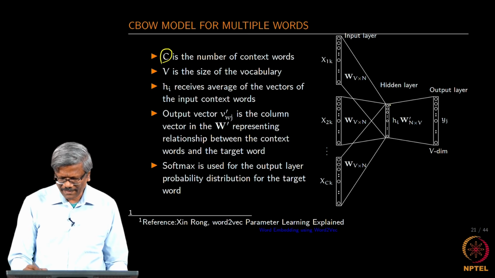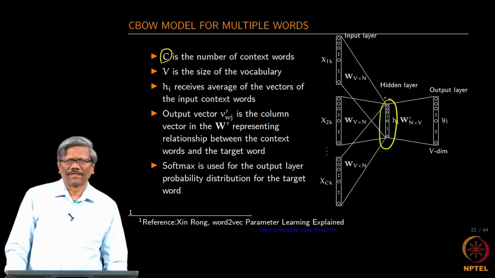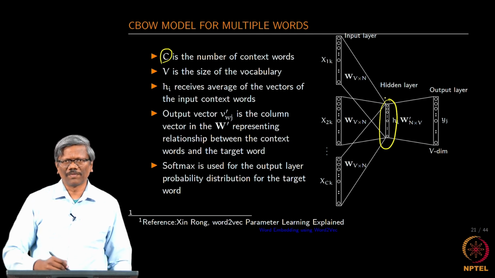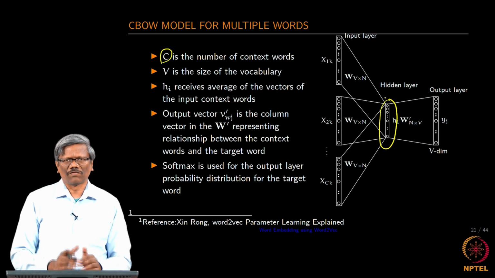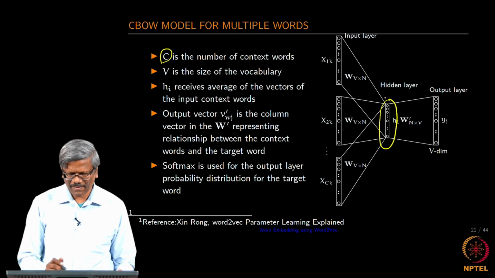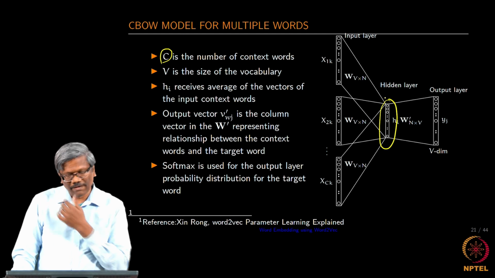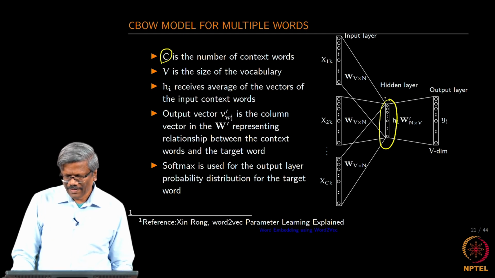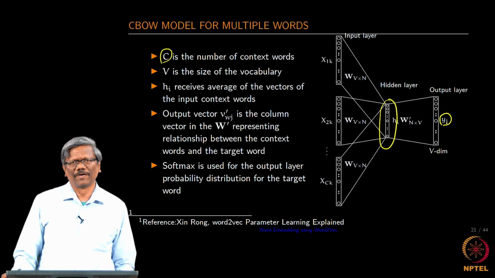And then in this case, H receives the average of the vectors of the input. Since there are multiple contexts coming in, H is a linear combination of all of those, so we call it an average of the vectors of the input. The computation of the output layer is very similar to what we have done earlier, there is no change there. And then an error is computed. We will now have only one word that we want to find out.